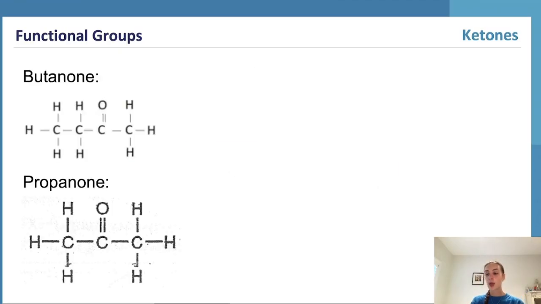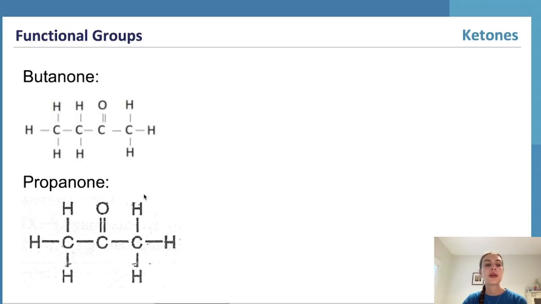Some examples of these are what we looked at before. We've got butanone, being our 4 carbons along the main chain, the butane molecule, with the double bonded oxygen on one of those middle carbons.